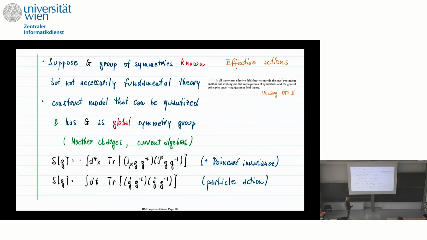Then you can already play with particle actions like that. Of course, then the Poincaré invariance here is different from the Poincaré invariance of the base space. And I'm mostly interested in this because the geometric actions that we want to do are related to this particle type of actions. So I will talk about these here and not talk about the case where Poincaré invariance has to do with the base space, only with the target space.